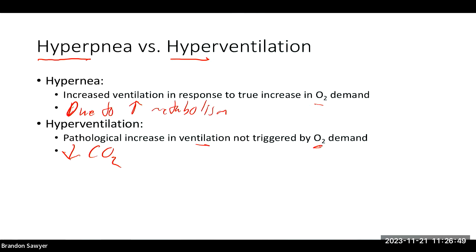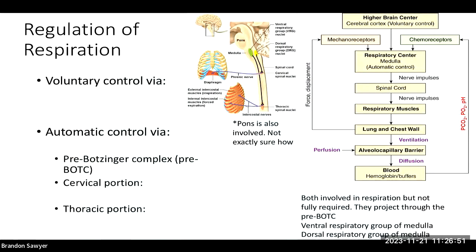But okay, so a few things as far as the regulation goes. Voluntary control of our breathing is going to be happening obviously in the cerebral cortex. Neurons from the cerebral cortex are communicating with respiratory motor neurons in the spinal cord.